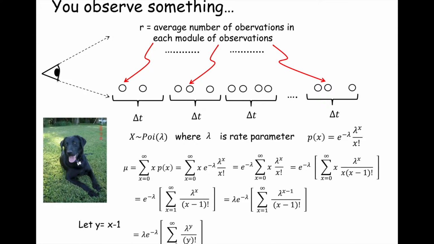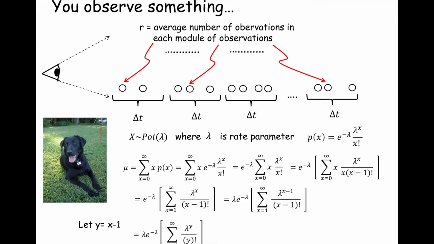Now, of course, the upper bound of the index for the summation, well, if x is equal to infinity, y is equal to x minus 1. So if I want to change this to y, I subtract 1 from that to call that y. Well, infinity minus 1 is just infinity, right? Okay, so the top bound of the summation becomes infinity, and the bottom bound is equal to 0.